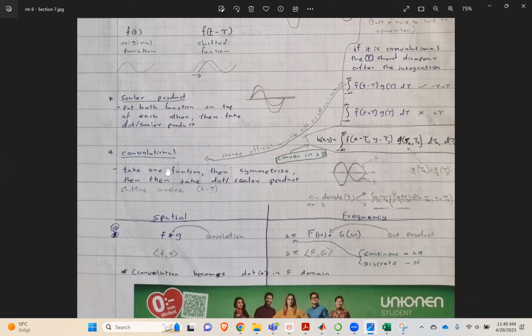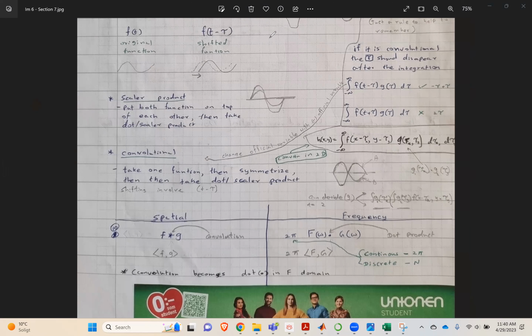One more thing: what happens when you convolve these two signals? What is the end product? When you take the dot product of both of these signals, for images, if you have an image, you will get another image.